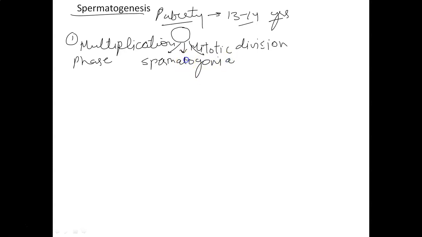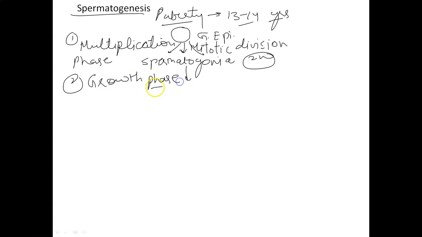Of course, because they are formed from germinal epithelium, they are diploid. Now one spermatogonium will undergo the second phase, that is the growth phase, and it will increase in size.